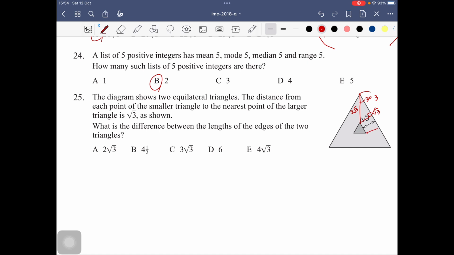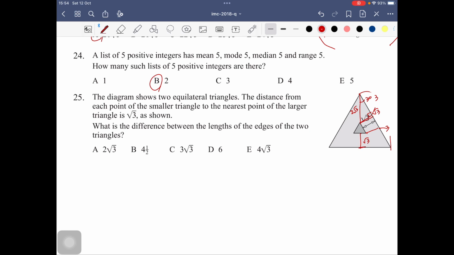So this is also 3. This is a square root of 3, and we don't know this one yet.